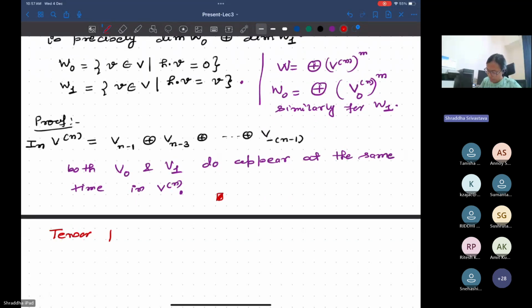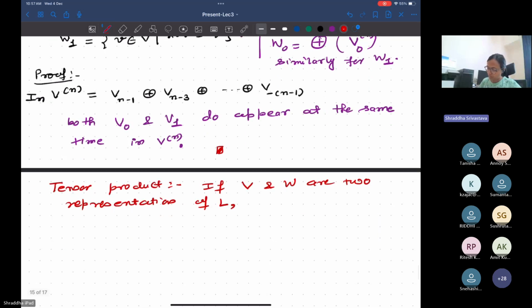So tensor product. If V and W are two representations of Lie algebra L, then the tensor product V tensor W, you take the tensor product as you take for vector spaces. Then this also becomes a representation of Lie algebra L. You might have seen this kind of thing in groups.